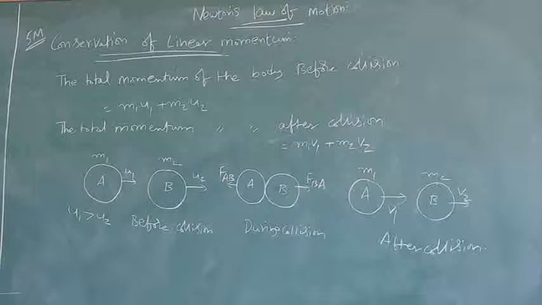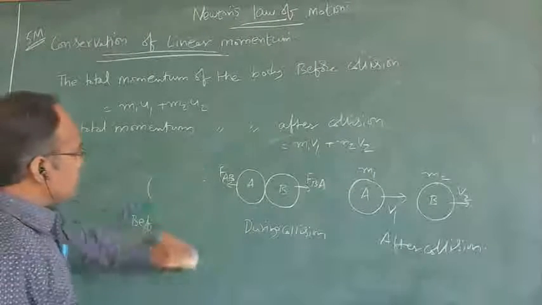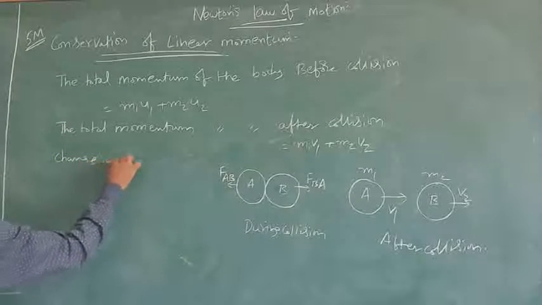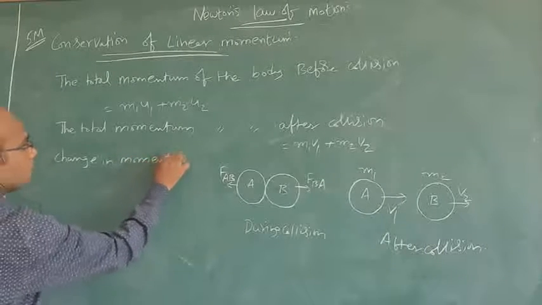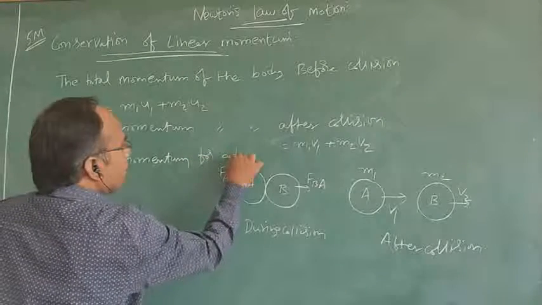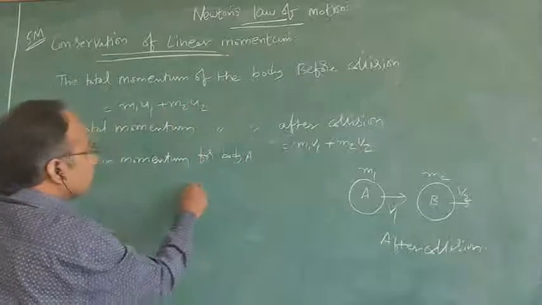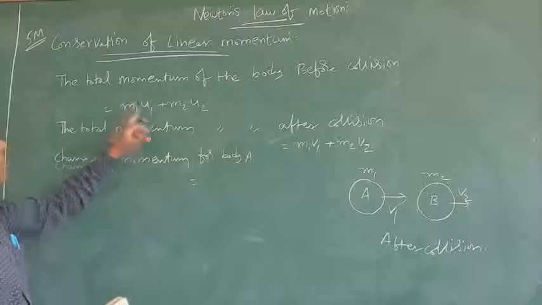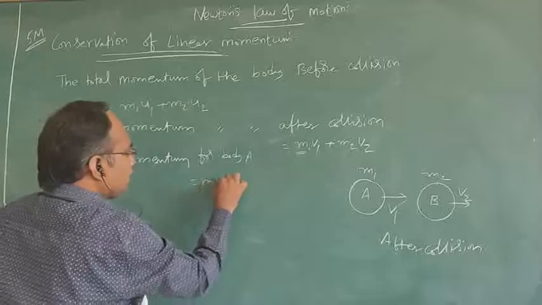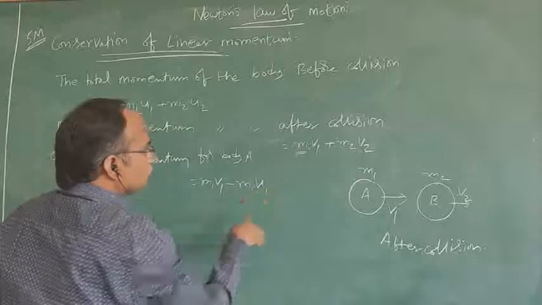Now, what is the change in the momentum? The change in the momentum for body A, before collision as well as after collision, is m1 v1 minus m1 u1.